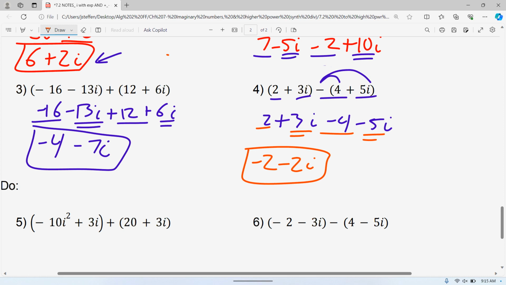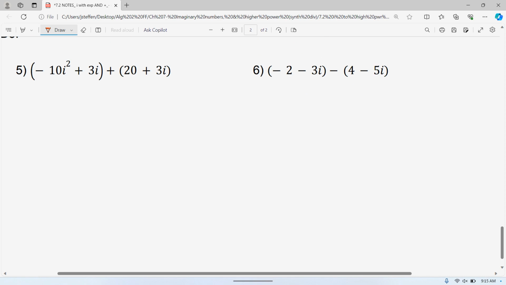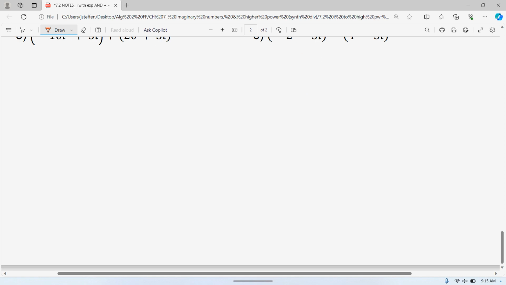Now, this is a little bit of a side note, but I tried to make this make sense, and it didn't really help. If you ever end up getting an answer like this, and I'm just making this up, so this is not on your notes, this is not from anything, so you don't wonder why I got these numbers. If you got your answer as 4i minus 10, I would recommend putting that real number first, but that's not the same thing as 10 minus 4i.